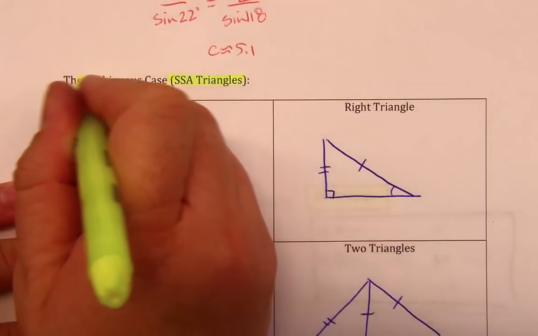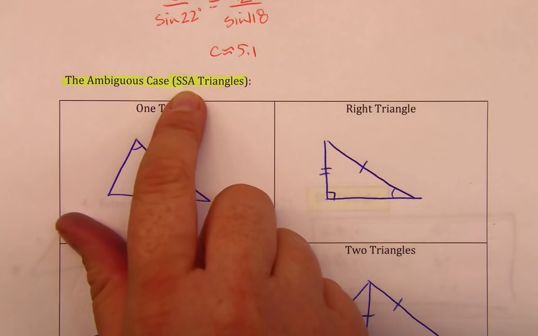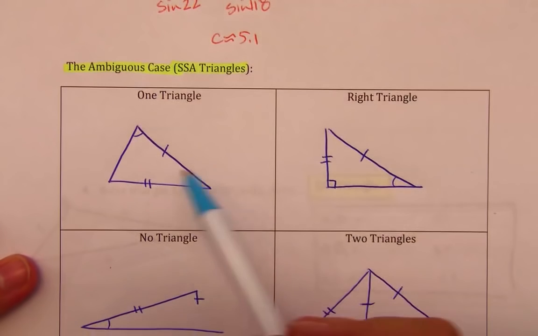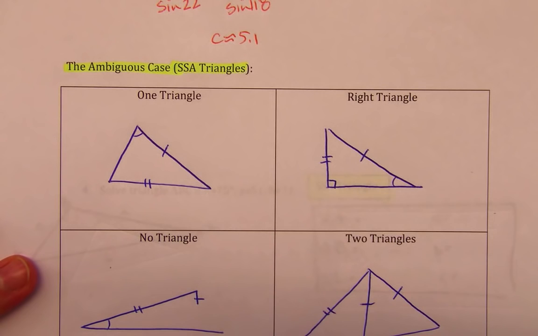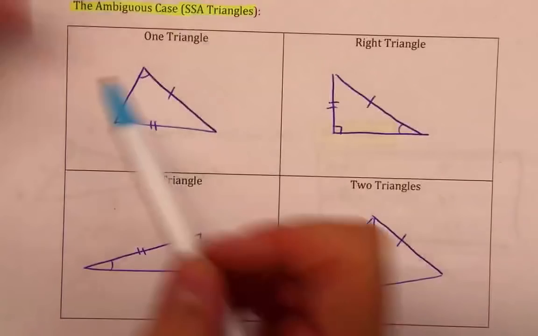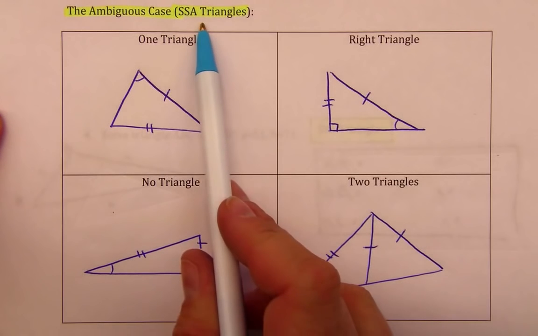Okay, so the ambiguous case with the law of sines is where we have two sides and then an angle that's not between them. So for example, here we have a side, and an angle that's not between it. Okay. Now there's four different outcomes that could happen here. We could have a triangle if we're given this piece of information.